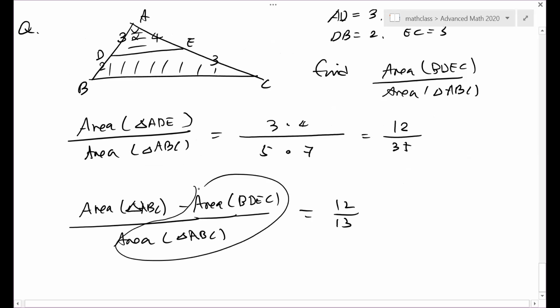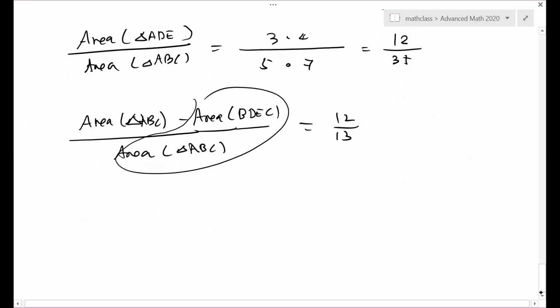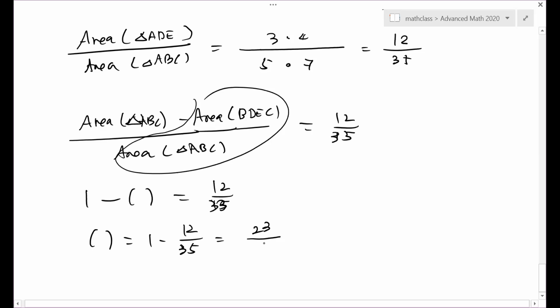So this is going to be 1 minus 12 over 35. After you do the calculation, this is going to be 23 over 35. So that is the ratio.